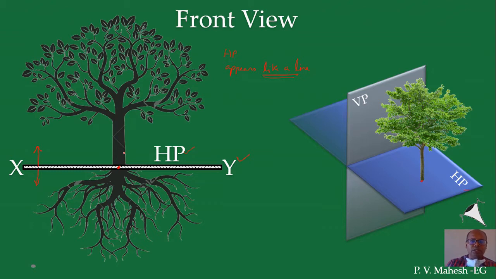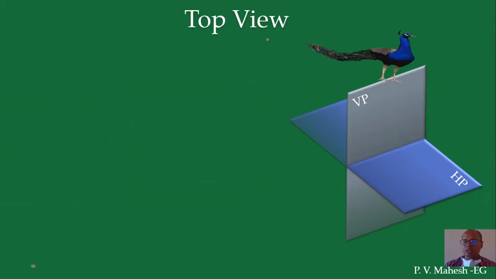Now we'll see the top view. So this is the top view. Here a peacock is standing on the vertical plane, and the observer is looking from the top.